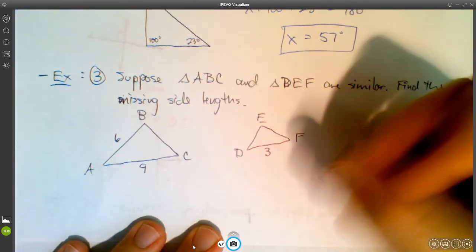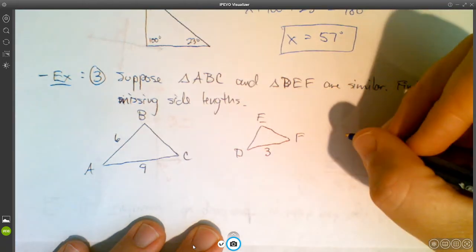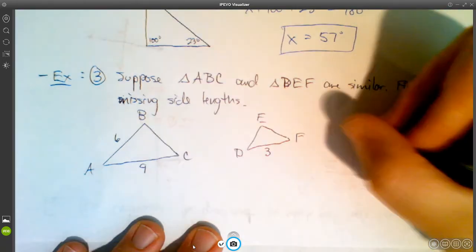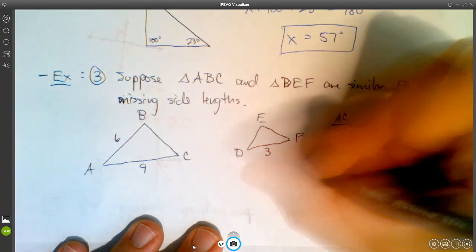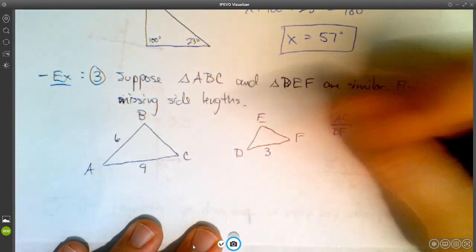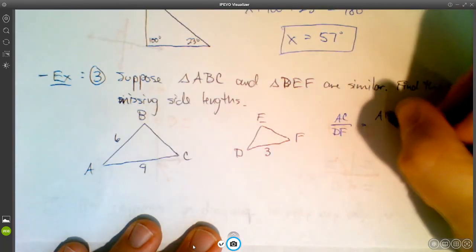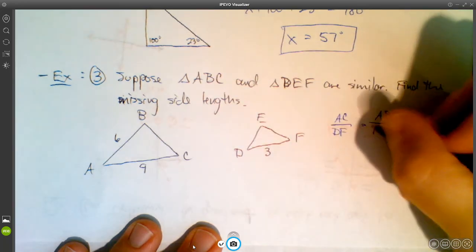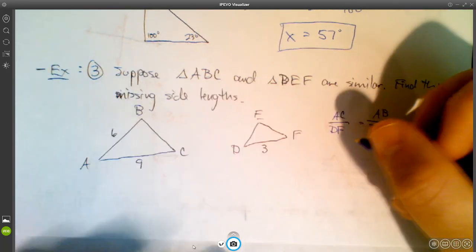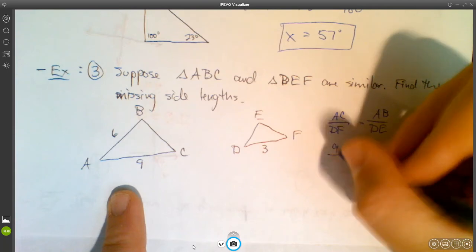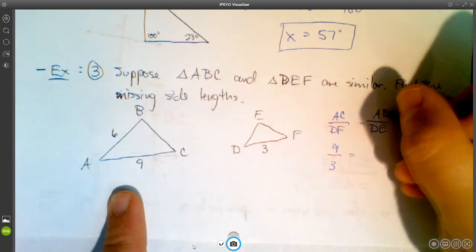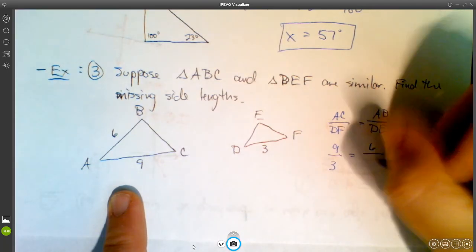Right? So we can say AC over DF should equal AB over DE. Well, AC is 9, DF is 3, AB is 6, and DE we don't know.